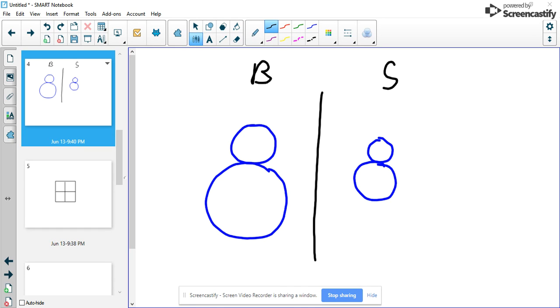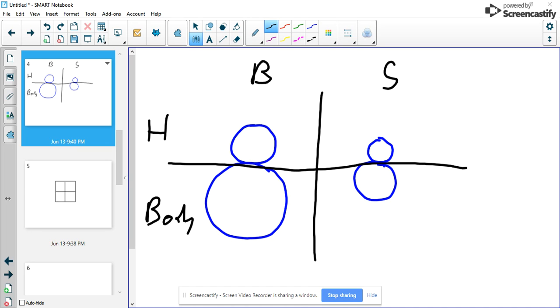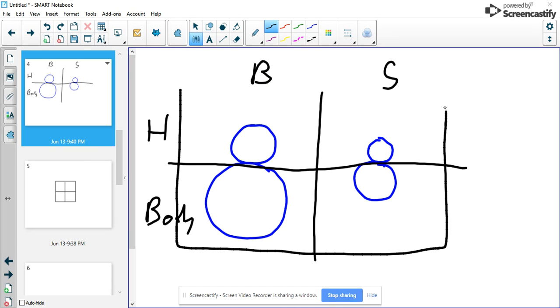But there's also a division across here. And so here I could say we have the head, and the body. So there's this kind of grid system, and I could fill this in as a box like this. So there's a relationship here between the left side, the right side, the top, the bottom.